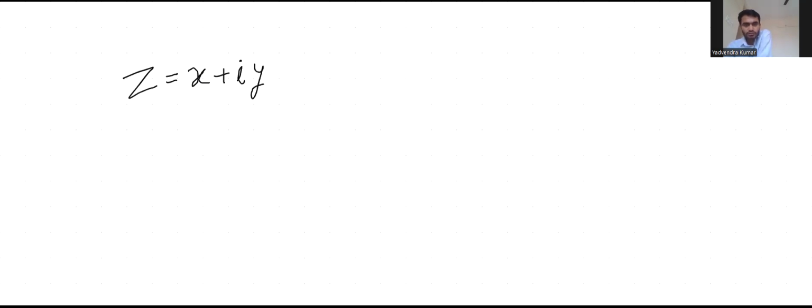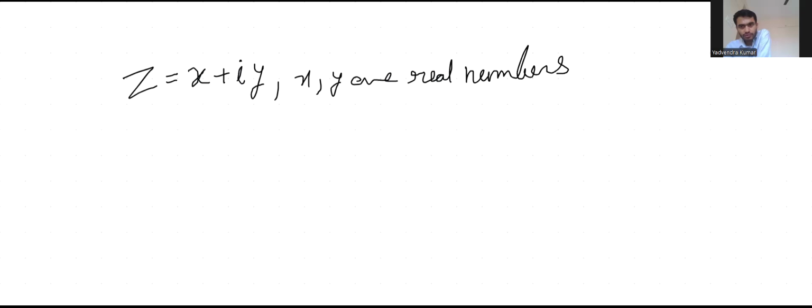Here we need to define what x, iota, and y are. x and y are real numbers, and iota is equal to root under minus 1. This is the definition of iota.